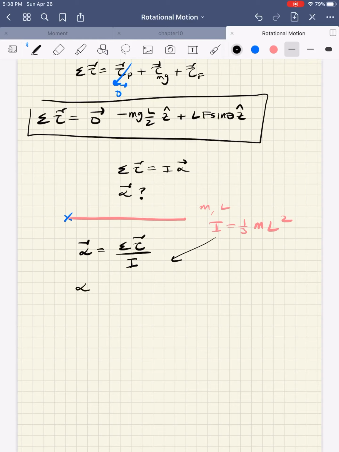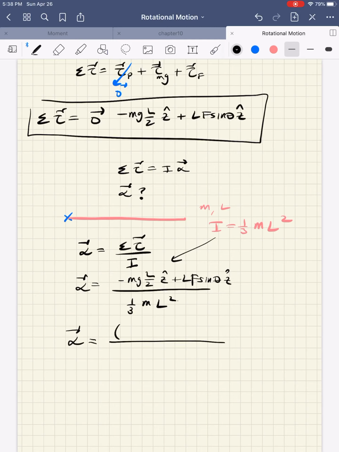And so alpha would have been minus mgL over 2 z hat plus LF sine theta z hat divided by 1/3 mL squared. You know, that would have given me alpha. It's at this time that I would want to kind of simplify that numerator a little bit. Let me do that. And, you know, let me go ahead and pull out an L out of both of these quantities.